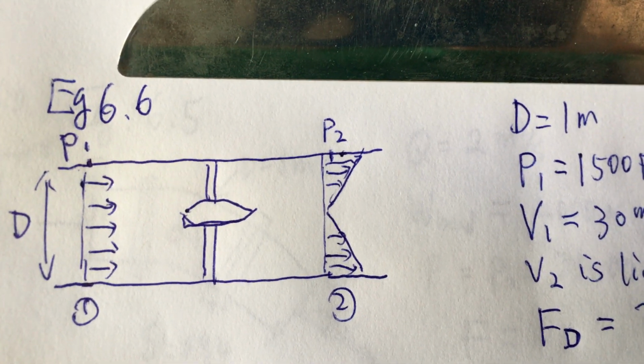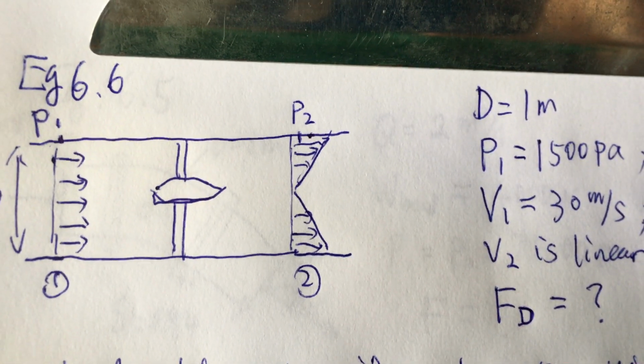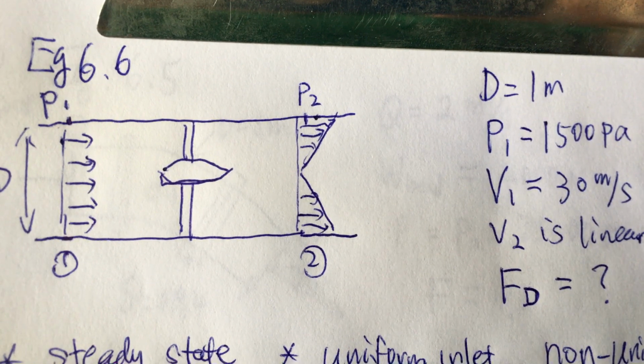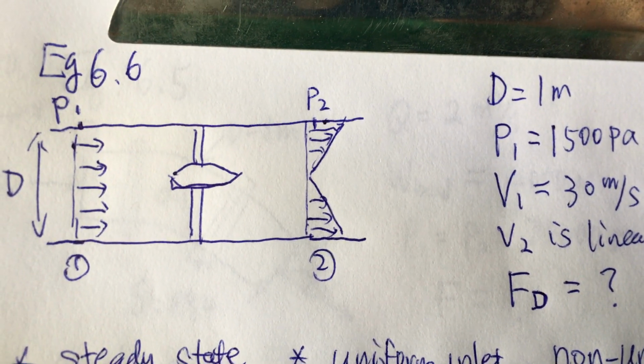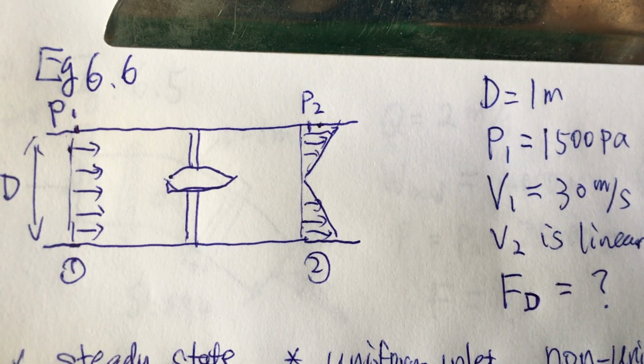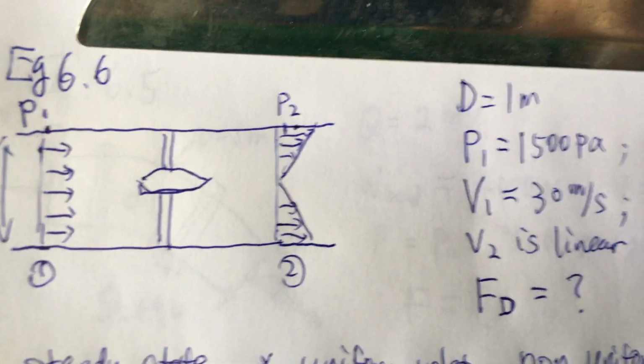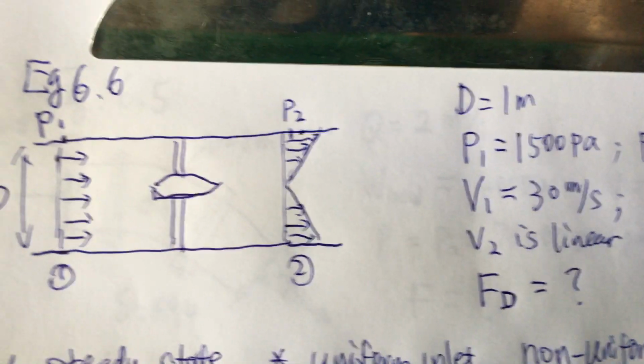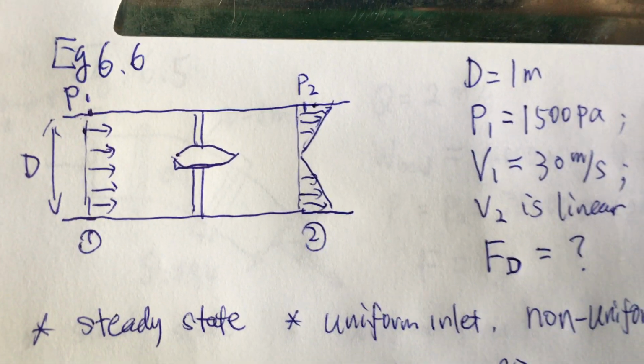So it's action-reaction. If you are asked to calculate the force required to hold this object, it basically means calculating the drag force, just changing the direction. Let's say Fd is the force required to hold this object in place.